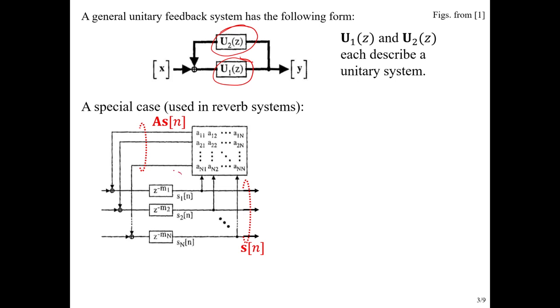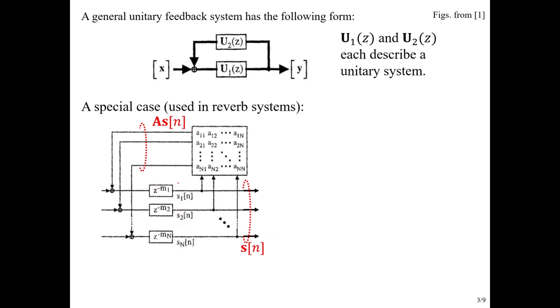We're going to have a bunch of delays with M1, M2, Mn being whatever we want. Those would be positive integers. We have a matrix A here, and we say that the output of these delays, we'll call them S1, S2, down to Sn, we can write as a vector at time n.